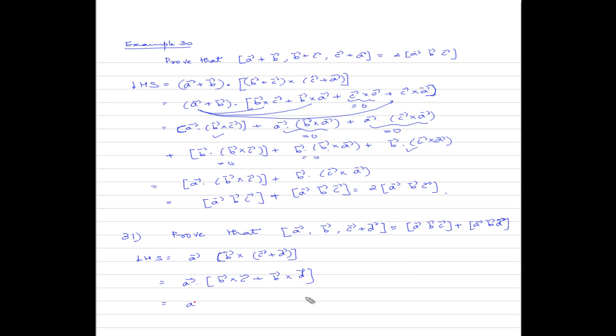That is equal to a vector dot b vector cross c vector plus a vector dot b vector cross d vector. That is equal to [a b c] plus [a b d]. So this is the RHS and hence proved.